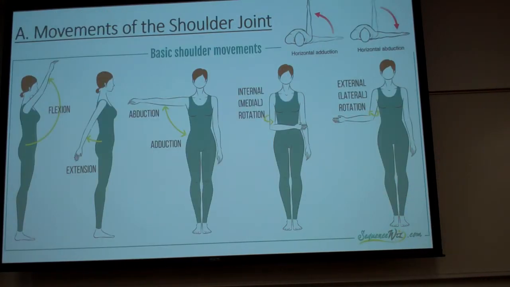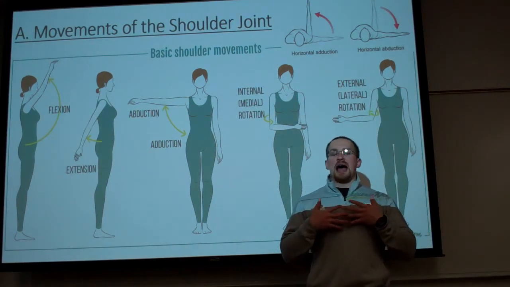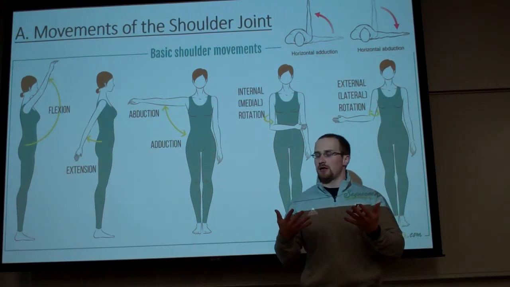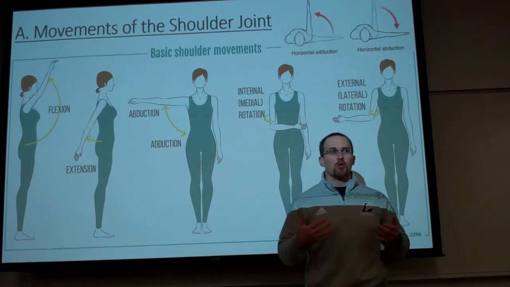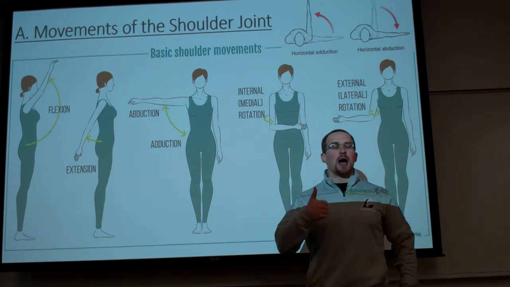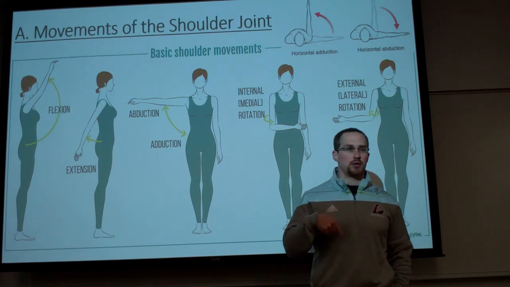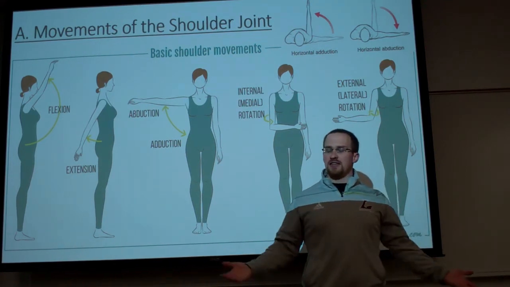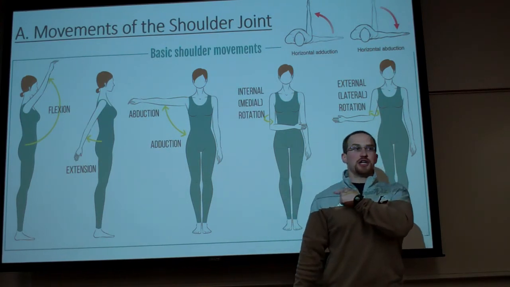So take a look at movements at the shoulder. Now that we're moving on to the appendicular skeleton, or your appendages, your arms and your legs, remember with flexion and extension, flexion is always going to be coming up, extension is going down. If I'm standing in anatomical position, looking at my shoulder here, flexion is coming up.